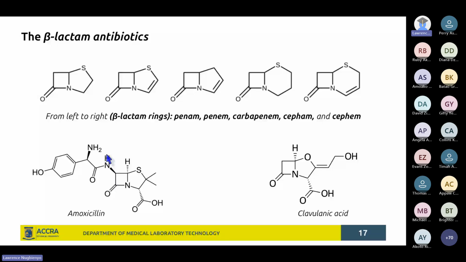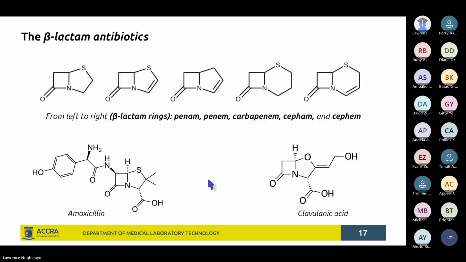But you have the clavulanic acid that binds to that lactamase and deactivates it. So which is why you have that combination of amoxicillin and clavulanic acid as amoxiclav on the market. It's to deal with that antibiotic resistance.